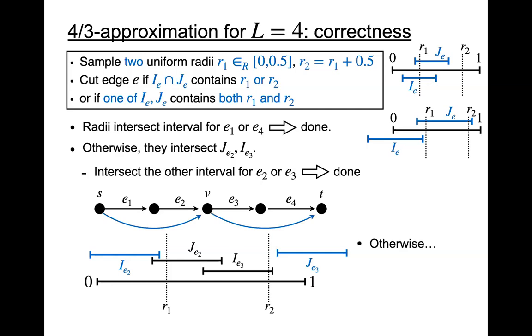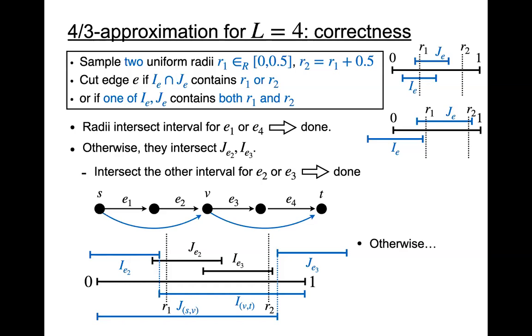So the graph also has these two additional long blue edges, and I just want to look for a second and see what intervals these edges would be mapped to. So by our construction, if you pause for a minute and think about it, you would see that these edges would be mapped to two very long intervals, which completely cover 0, 1, and both of which contain both radii.